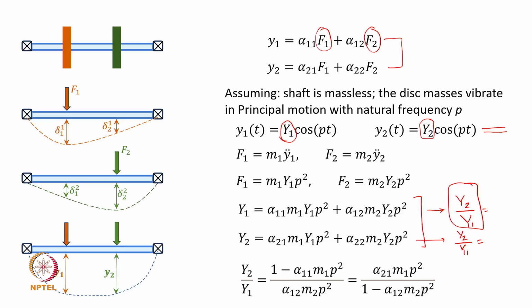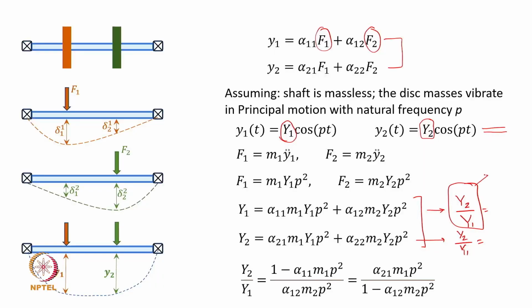Okay. They may be in phase, that means both of the discs will move together down in one of the principal modes. In another principal mode, one disc will go down, one will go up, but the principal motion ensures that both of them will reach their maximum positions at the same instant of time and their oscillations will have the same period.